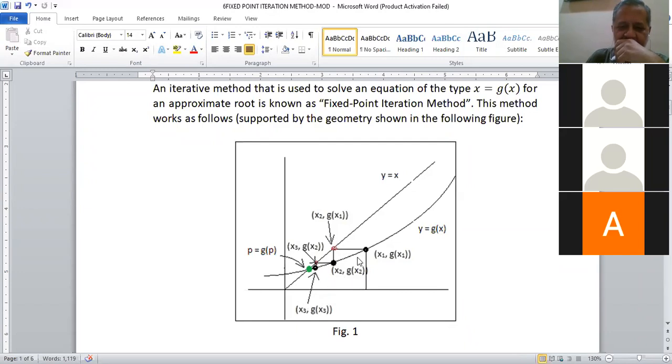And every time the point of the graph of g is coming closer and closer to the point of the graph y = x, where the two graphs intersect each other. This point where y = x and y = g(x) have a common point is known as a fixed point, and a general notation is p = g(p).